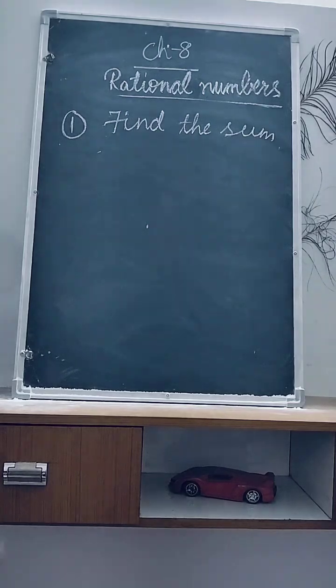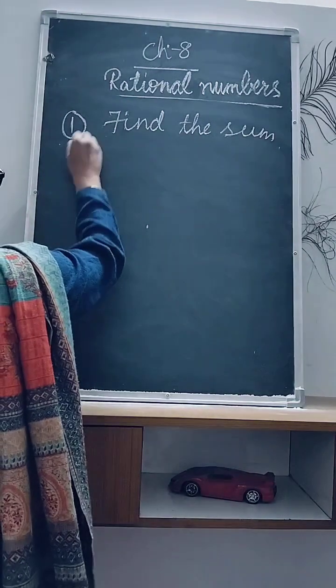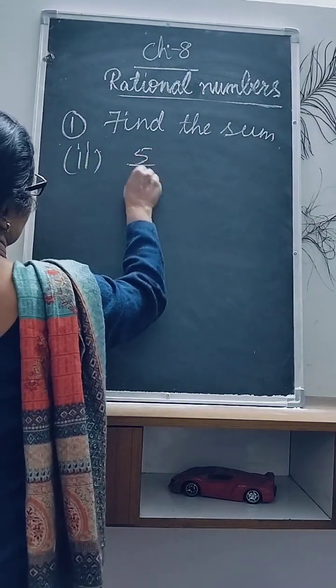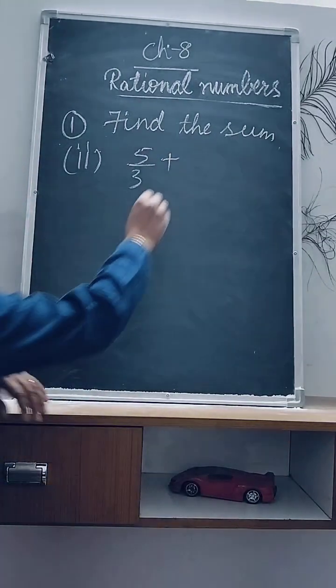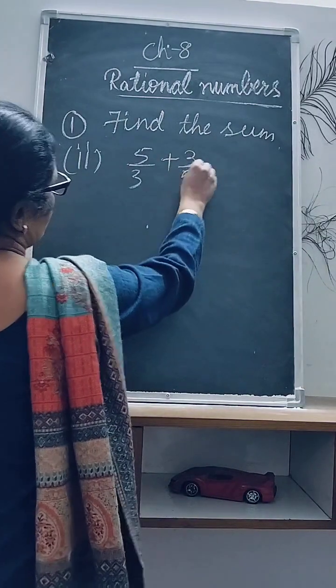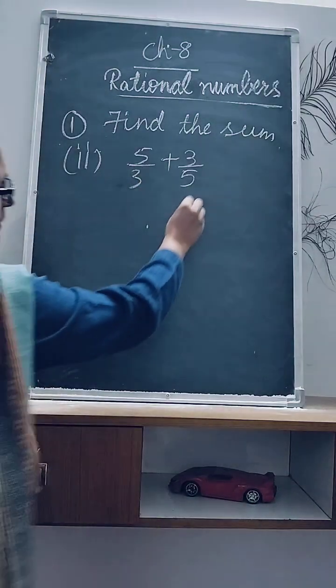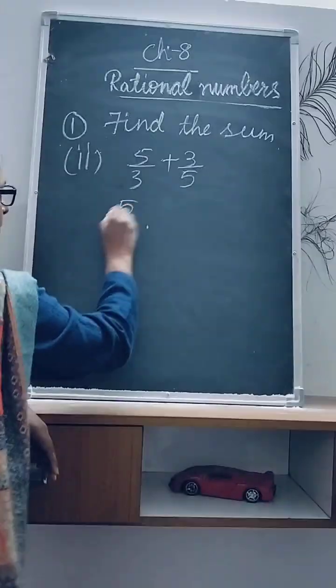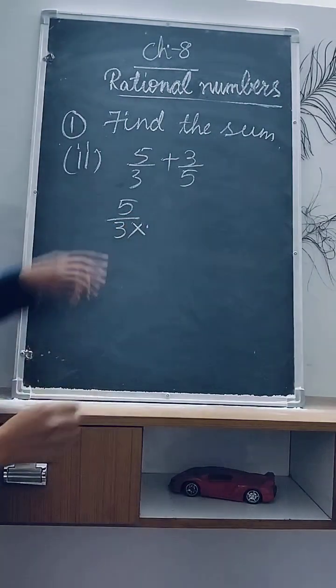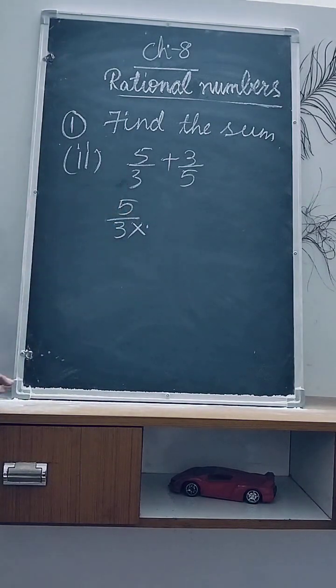I will solve it with a different method. 5 by 3 plus 3 by 5. First of all, take the LCM. LCM of 3 and 5 would be 15. Now we have to make the denominators equal to the LCM.